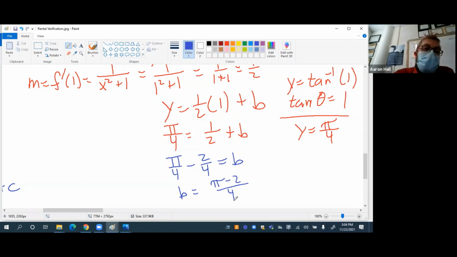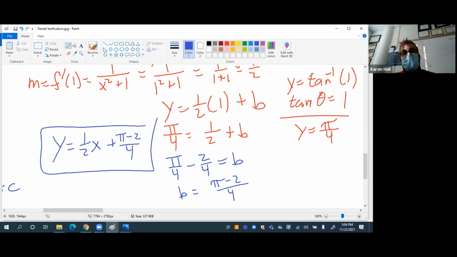So the tangent line is what? y equals what? 1/2 x plus pi minus 2 over 4. Let's see if it works.